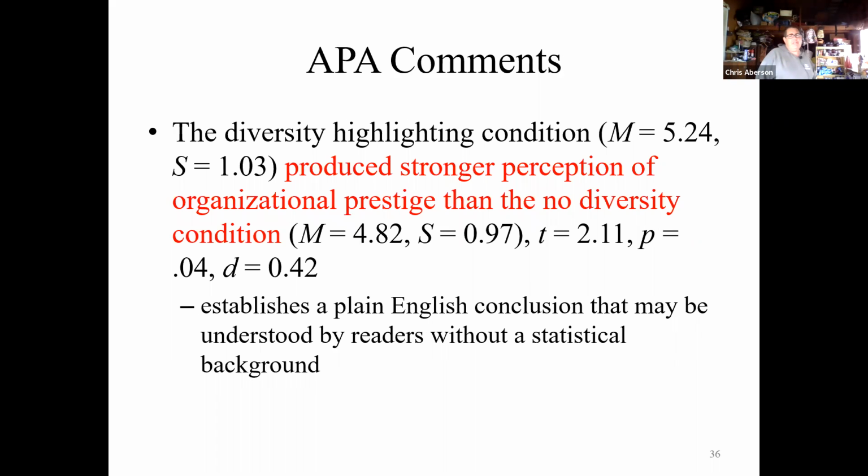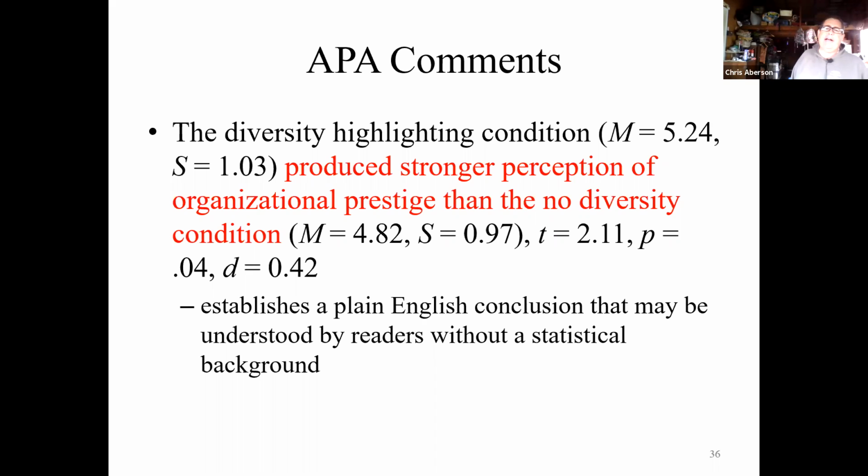All right, let me just highlight some of the different comments. "Produce stronger perceptions of organizational prestige than the no diversity condition." This is establishing a good plain English conclusion, because that part in red might be the only thing that somebody who's not really numerically inclined is going to read. So it's important to highlight that at the start.